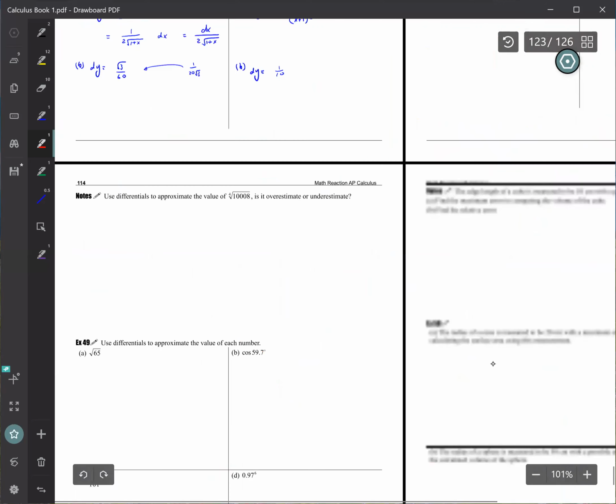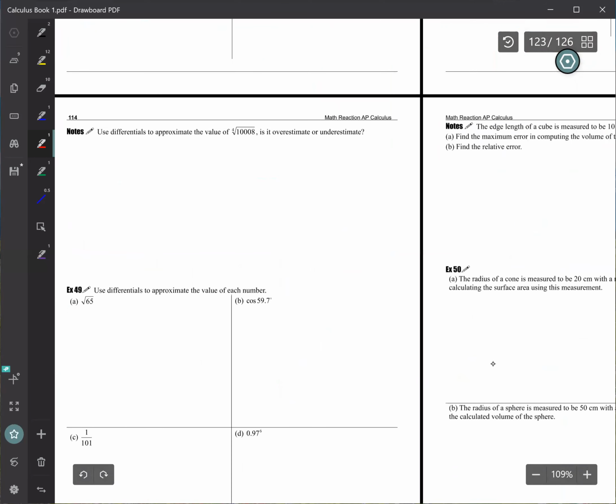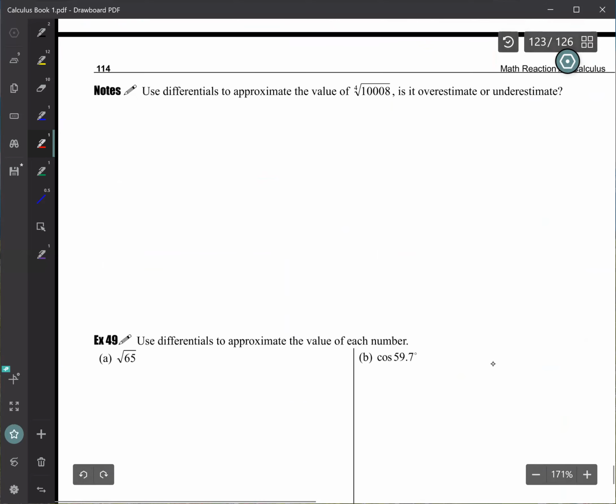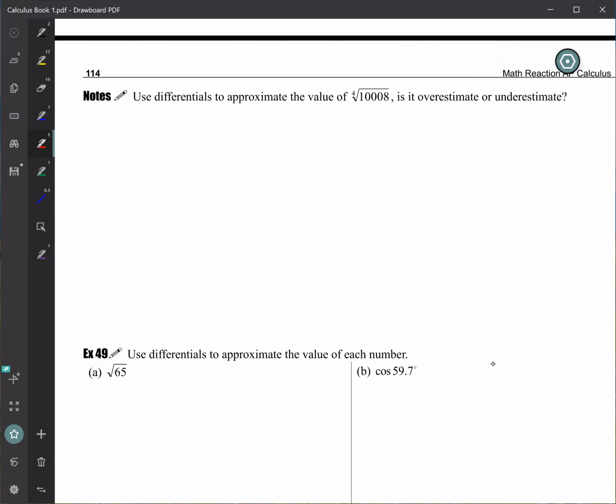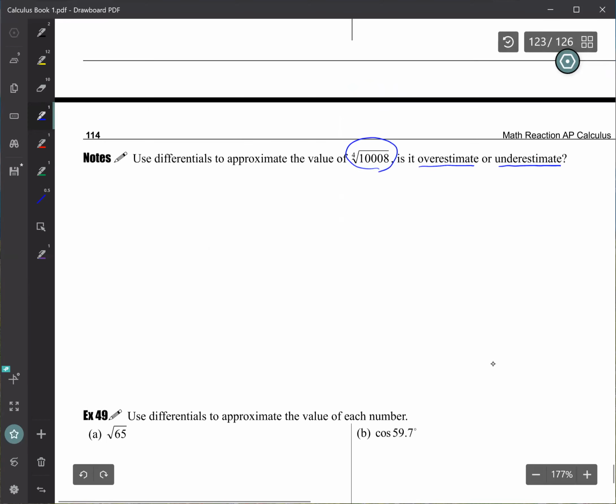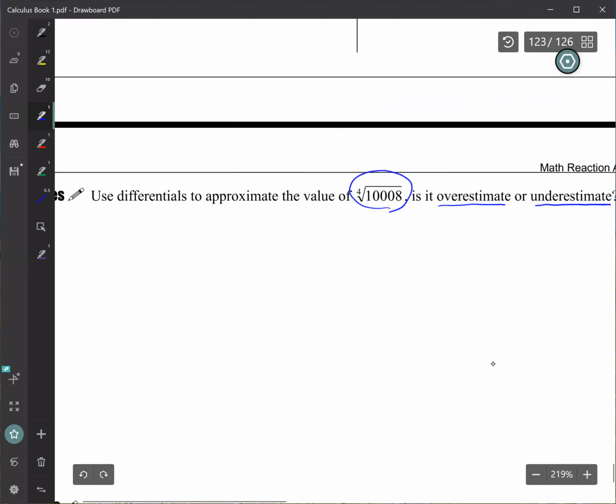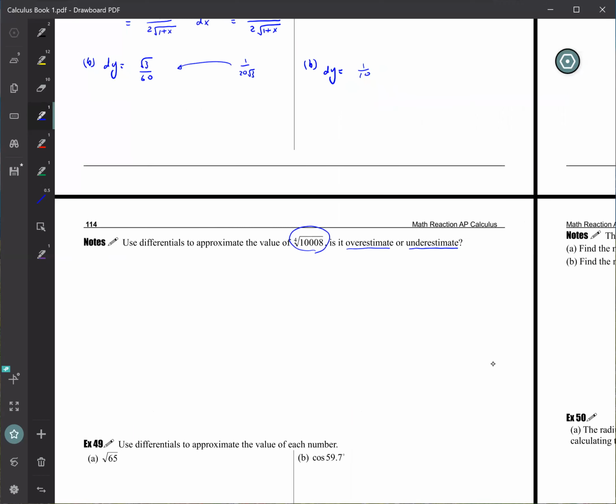We'll look at the next page, page 114. Use differentials to approximate this value. We're going to find out whether the estimate that you get is an overestimate, meaning too high, or an underestimate, too low. First, you need to identify the function.